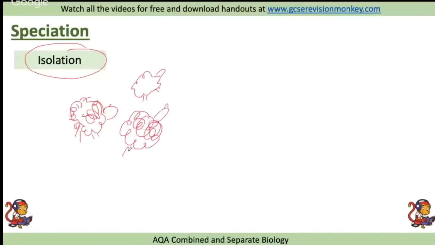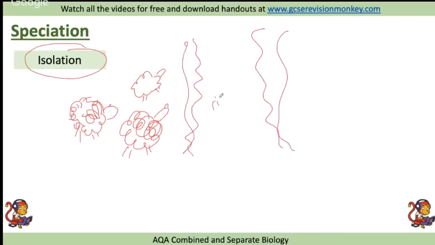If those sheep were to be separated, they could be separated by a mountain range or a river or a lake, for example. That suggests a large river became between two sheep populations. We might have one on this side, like so, and one on the other side.